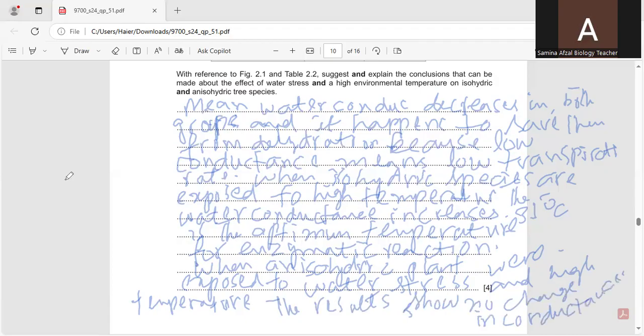So in this way, both of these plants show their effect differently from one another.